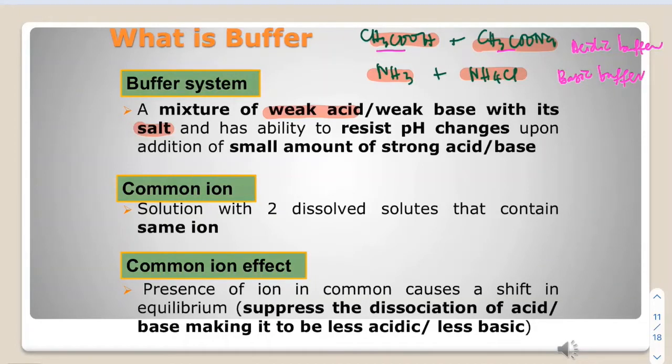The common ion effect is that the presence of the same ion causes a shift in the equilibrium. It suppresses the dissociation of the acid or base, making it less acidic or less basic.